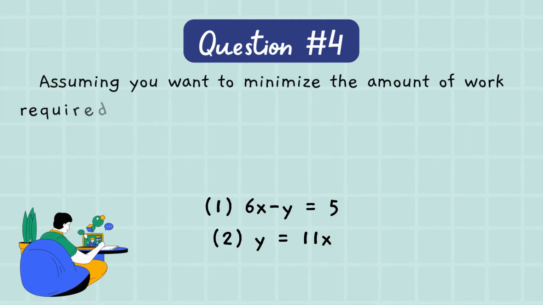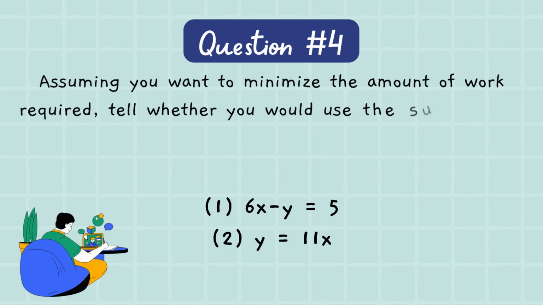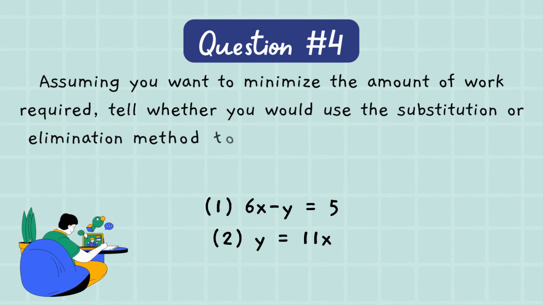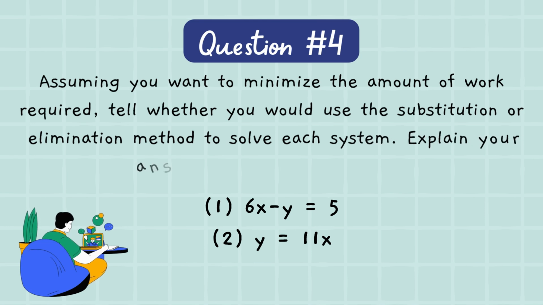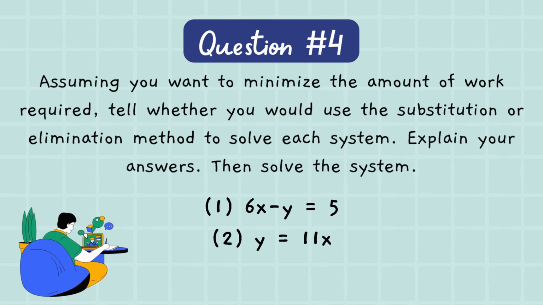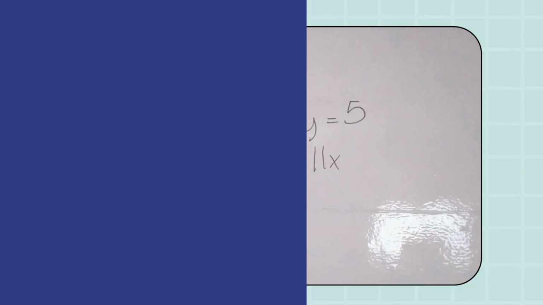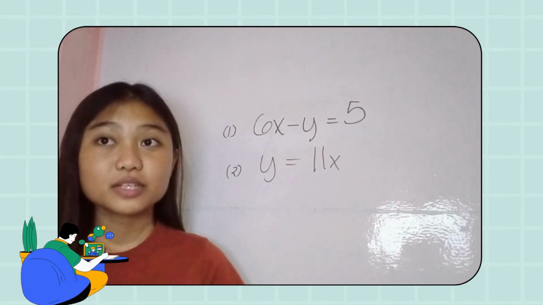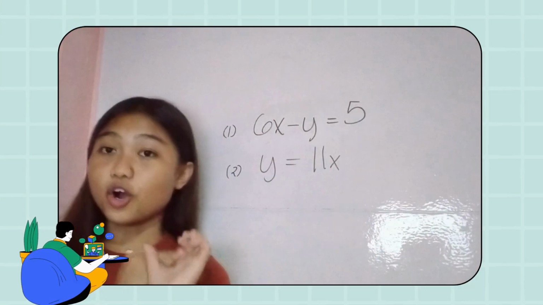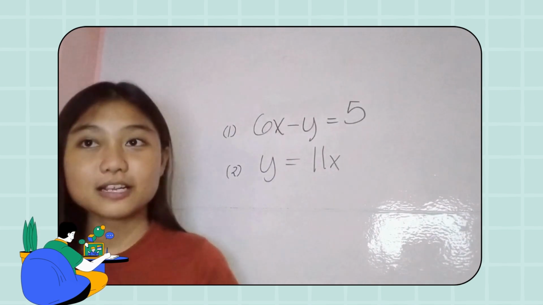Assuming you want to minimize the amount of work required, tell whether you would use the substitution or elimination method to solve the system. Explain your answer, then solve the system 6x minus y equals 5 and y equals 11x. For question number 2, should we use substitution or elimination? Let's analyze.